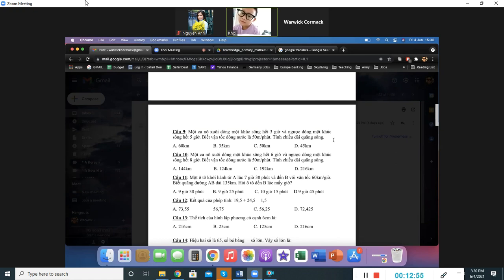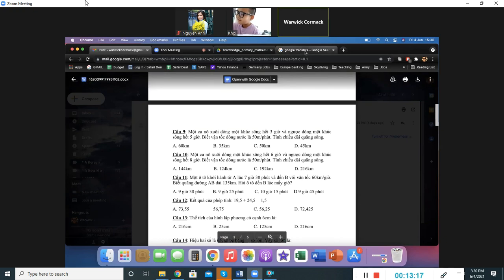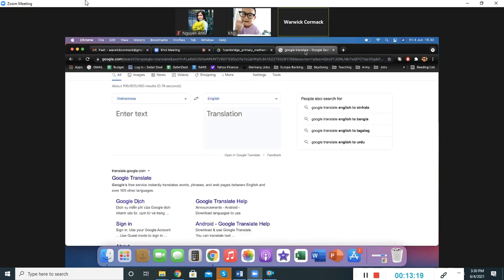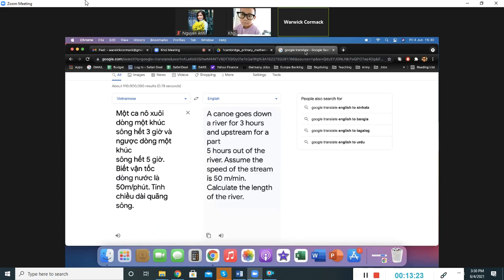Now the speed of water is 50 meters of a minute. Find the long side the river is. Sure. Okay, that's a long one. Let me see. That's quite difficult. Well done. You did do quite a good job. I can understand some of it.